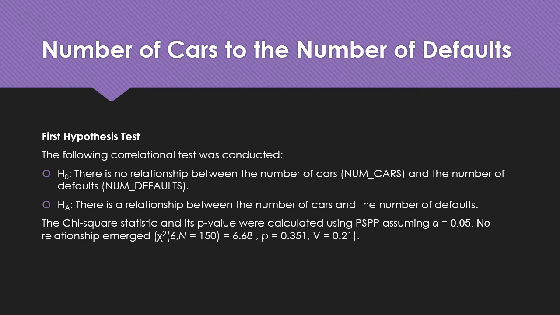Since that's not the case, we will retain the null hypothesis, in which we're going to say that there is no relationship found here. So even though I have the Cramer's V result on here, which would mean weak if it counted, it doesn't count because there's no relationship. In this case, the number of defaults and the number of cars are independent from one another.